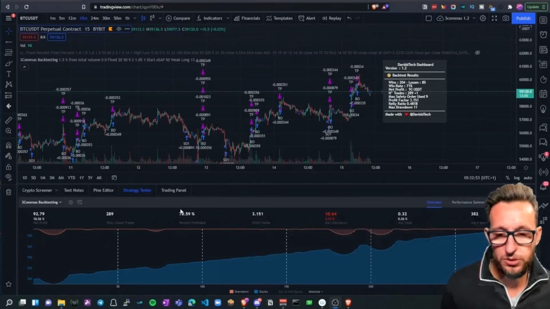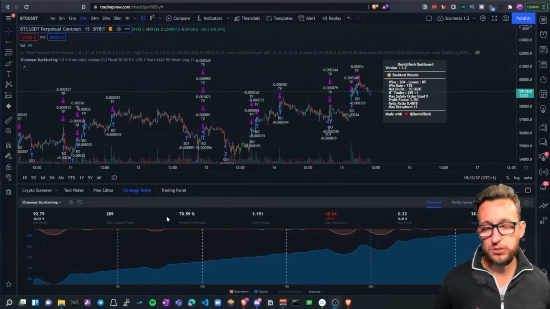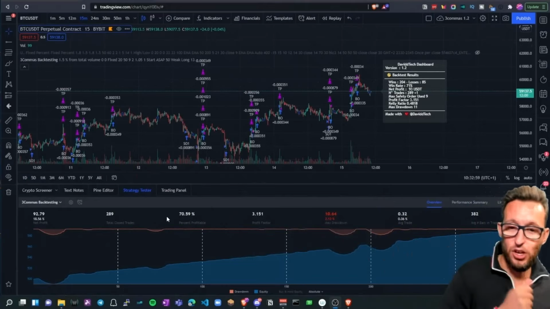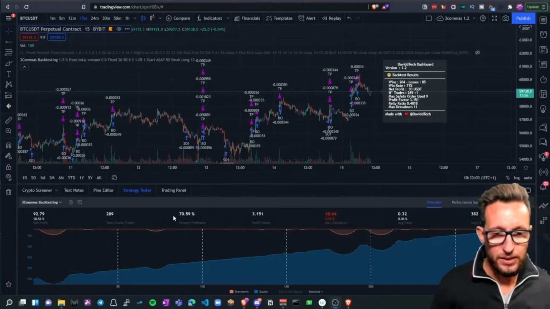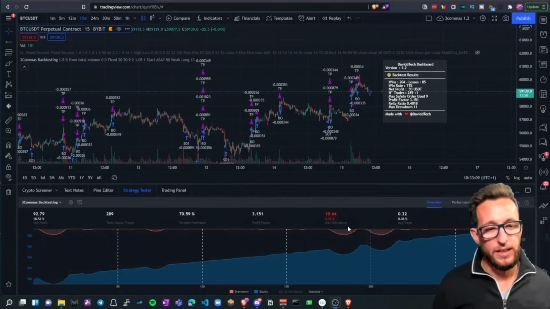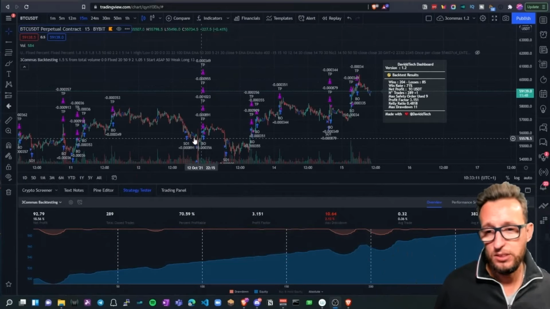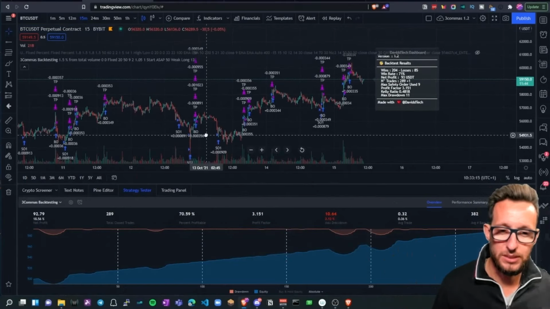Even the percent profitable actually doesn't really make much sense inside this strategy, because we are following the curve as it comes down, buying the dips. Okay, profit factor maybe we'll look at afterwards. The max drawdown also, as we're buying the dips, doesn't always make particularly much sense, because we're buying as the drawdown comes down.